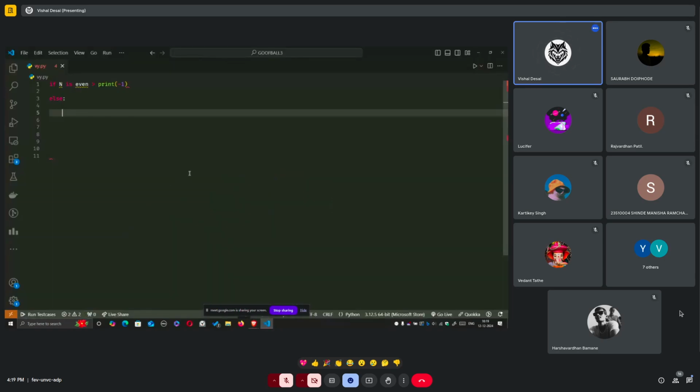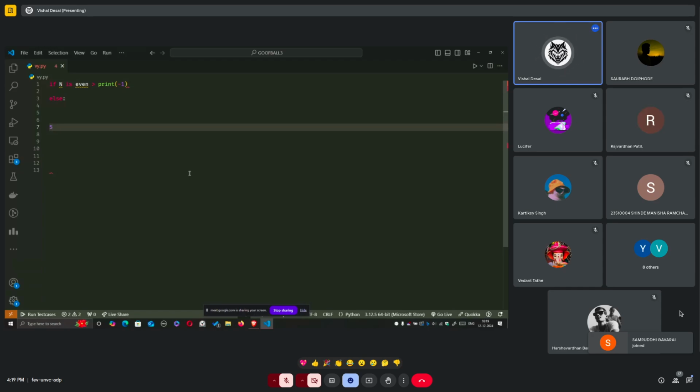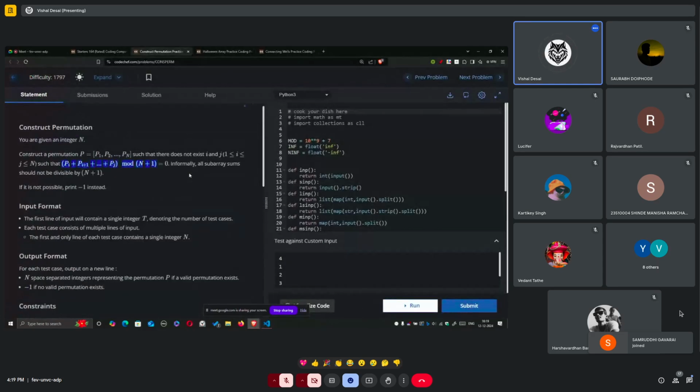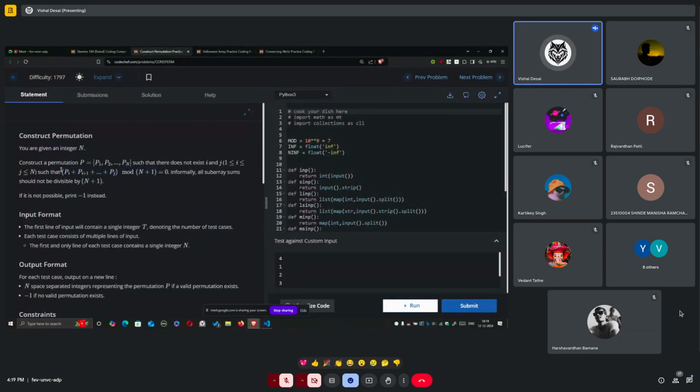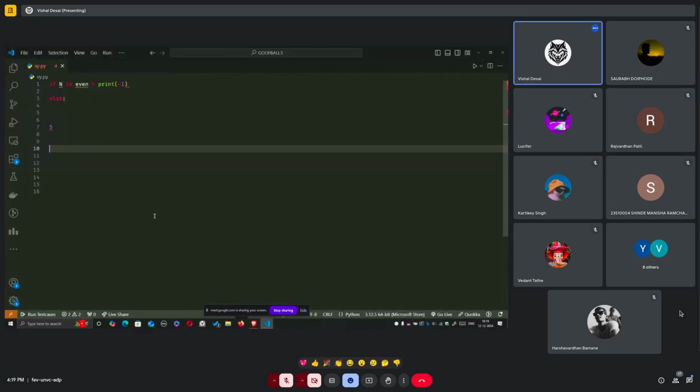So let's take 5. Can anyone tell any permutation that follows this condition? That is, no subarray sum is divisible by n plus 1.